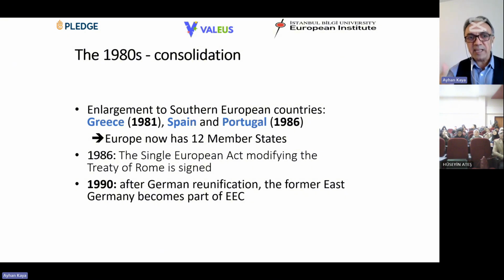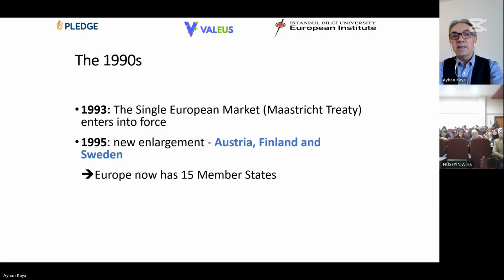So the debates about the European identity go back to the 1980s. In 1990, two Germanys were unified. The Berlin Wall was pulled down. And in 1990, the former East Germany also becomes a part of the European Economic Community.